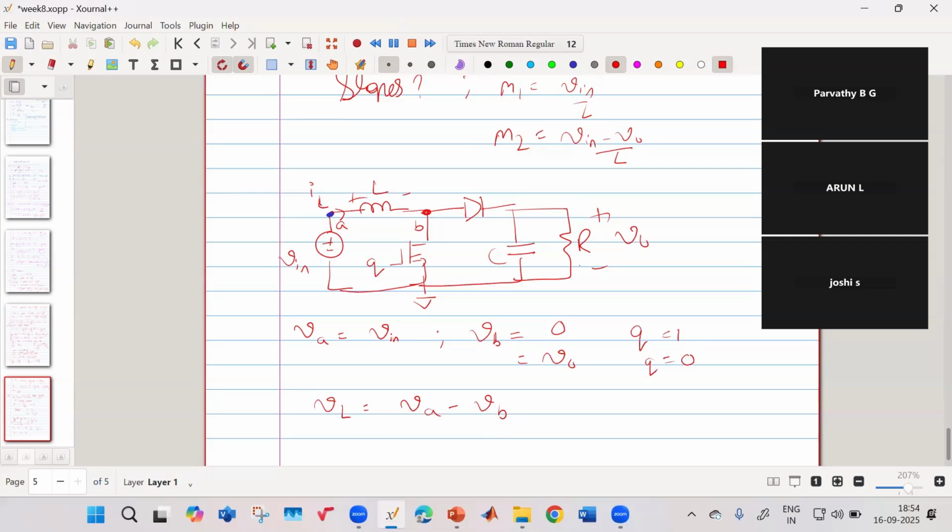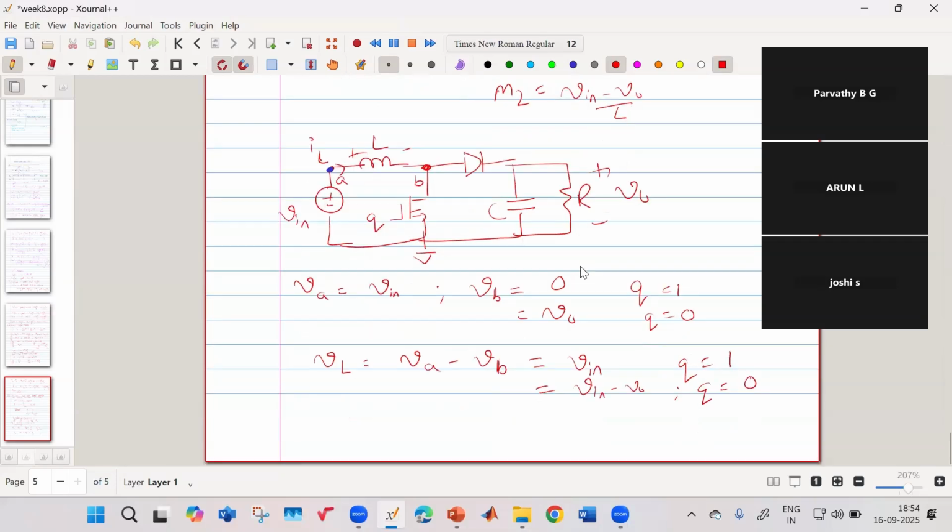Now, that is equal to V in minus (1 minus Q) into V0. Let me not complicate it further. So your VL is equal to V in when Q is equal to 1, and it is equal to V in minus V0 when Q is equal to 0.